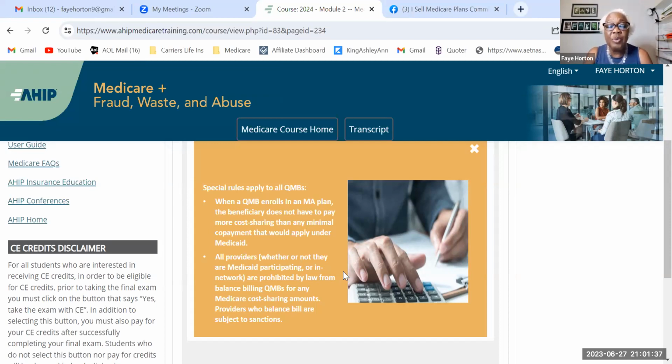All providers, whether or not they are Medicaid providers or in-network, are prohibited by law from balance billing QMBs for any Medicare cost-sharing amounts. Providers who balance bill are subject to sanctions.